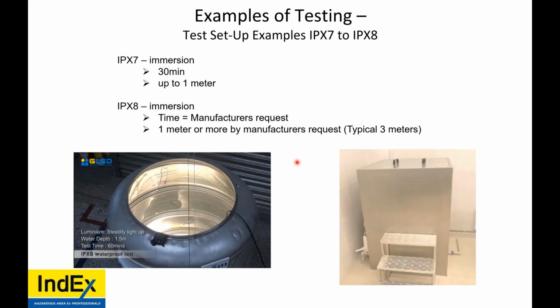The device is turned on and is immersed for up to 30 minutes for IPX7, between 15 centimeters and 1 meter, while for IPX8, the time is dependent on the manufacturer's request and a depth of 1 meter or more by manufacturer's request, typically 3 meters. But once you start getting down to 10 meters, we start getting into the unit called atmospheres.